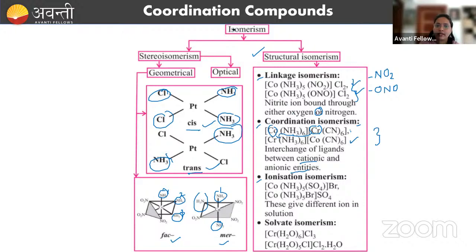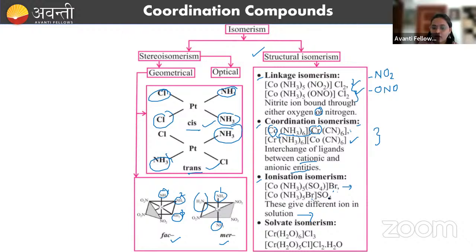Next, ionization isomerism. What is the meaning of ionization isomerism? Here you can see Co(NH3)5SO4 Br. When you add a reagent into this, primary valency here is Br, but here the primary valency is SO4. So when we add the compound, in the first complex Br will ionize and in the second complex we will get SO4, right? So they give different ions in solution since they have different primary valency. Here SO4 is inside, so it will not ionize, and here Br is inside, so it will not ionize.